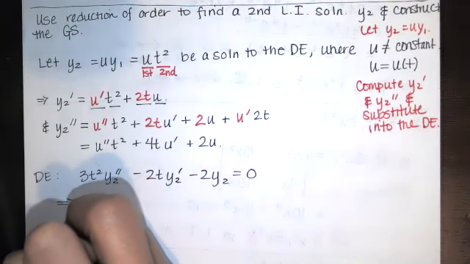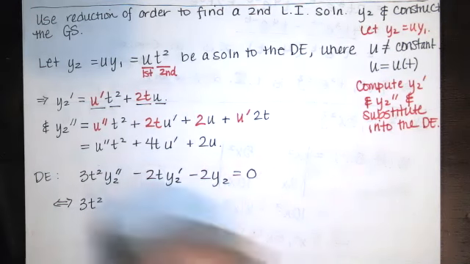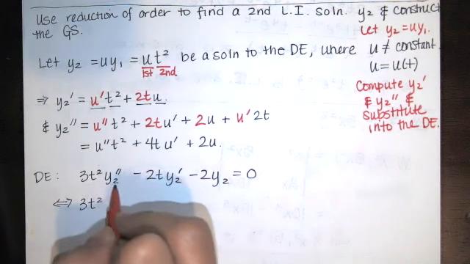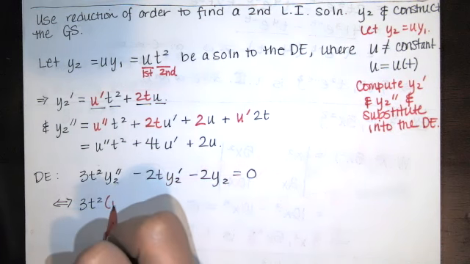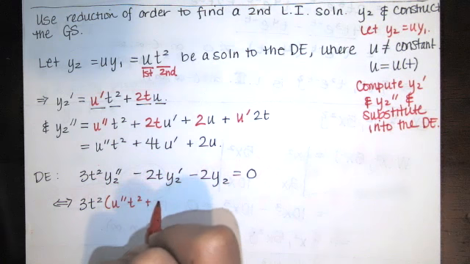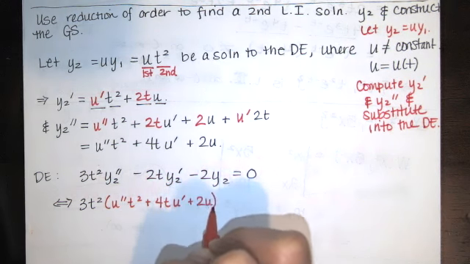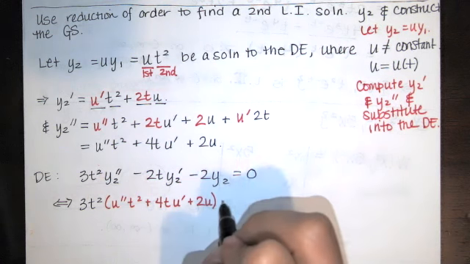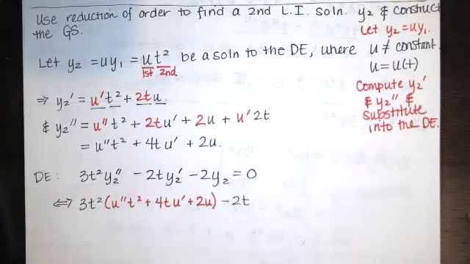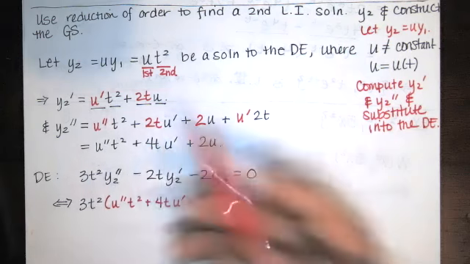So that means we're going to have 3t squared times y sub 2 double prime, which is this. You almost want to turn your paper so it's in kind of landscape mode. Then we've got minus 2t times y sub 2 prime, which is that.